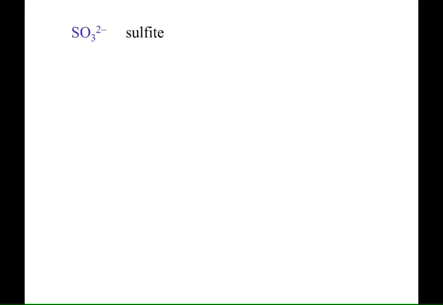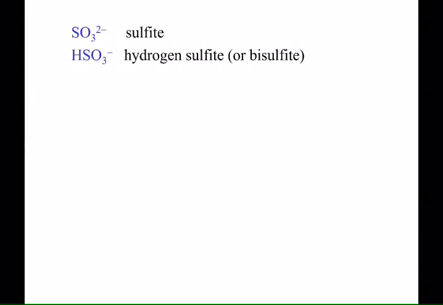Examples of that would be this one. We have sulfite, SO3 2-. If you kick in a hydrogen, what will be the charge? It will go from -2 to -1. So now we have hydrogen sulfite, HSO3 -1. It's like a hyphenated last name, hydrogen sulfite.